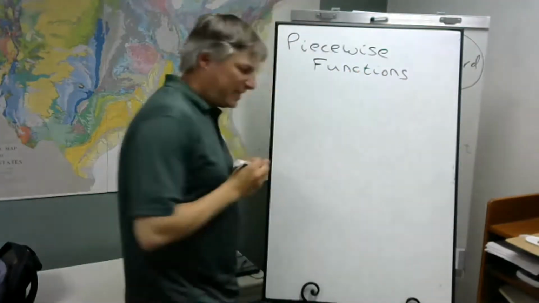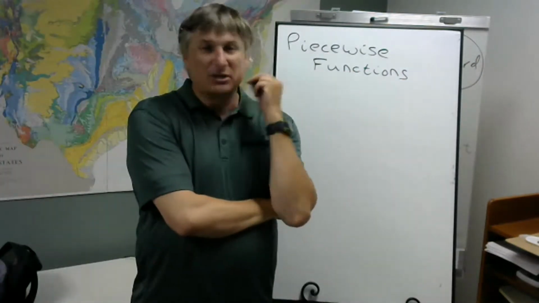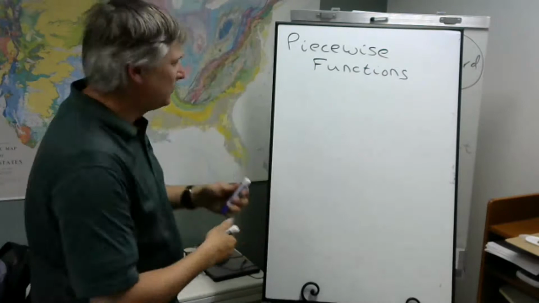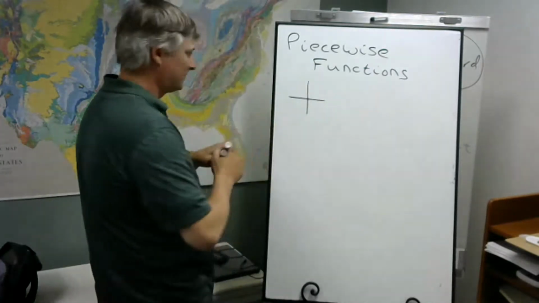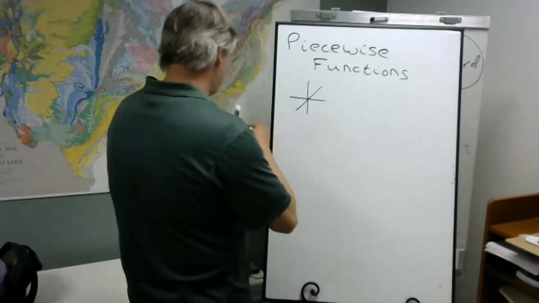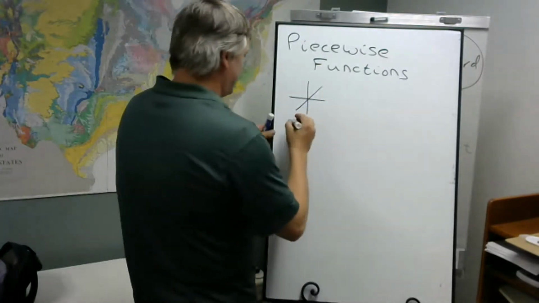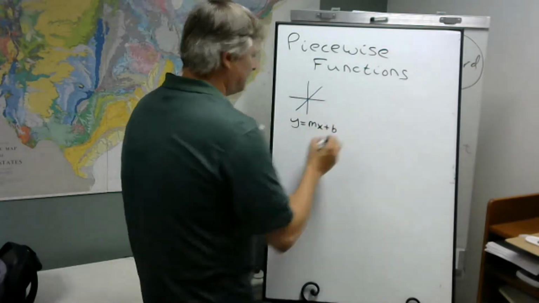And where piecewise functions come in, we have sort of canonical functions. For example, we might have lines. So y equals mx, and we can do mx plus b.